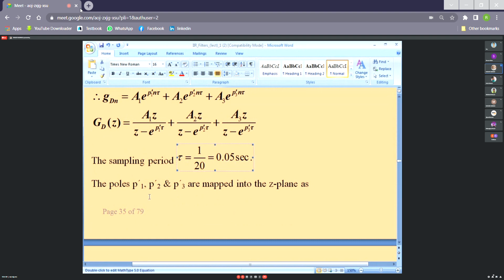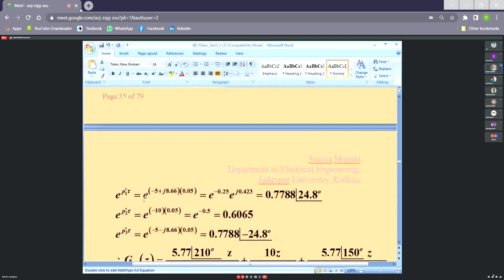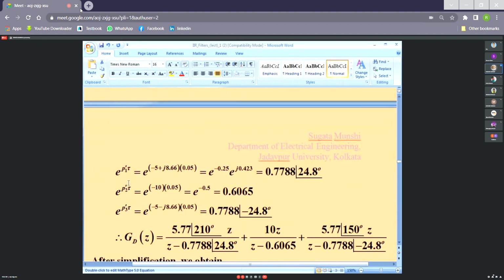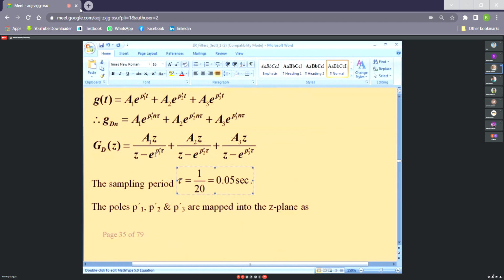The poles P1 prime, P2 prime, and P3 prime map into the Z plane as e to the power P1 prime tau, because the expression for GD(z) will be this expression.